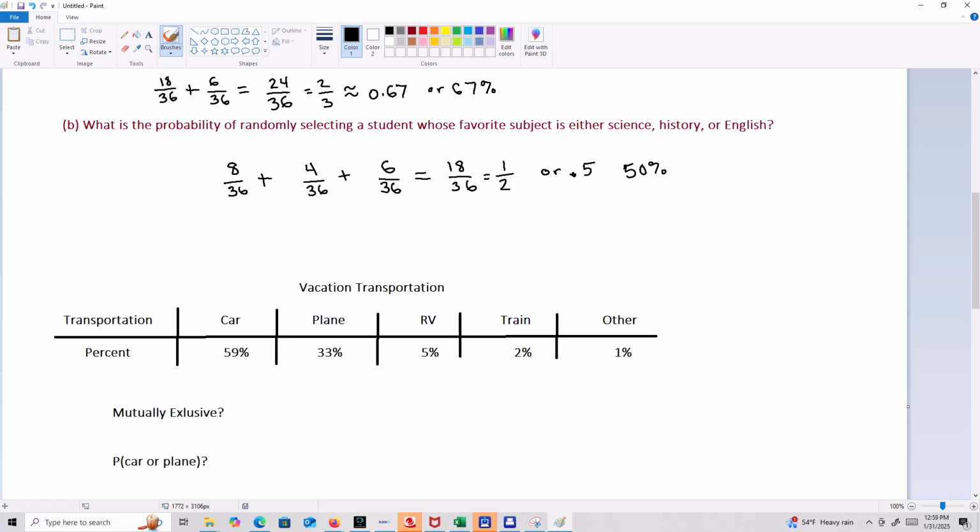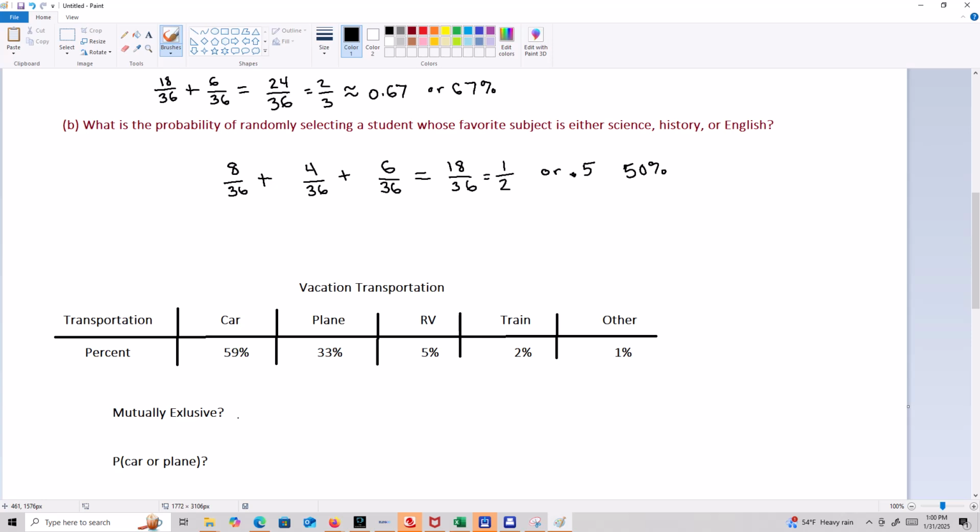So you can still compound the probabilities as long as the events are mutually exclusive. We are told that for vacation transportation, people used car or plane or RV or train or some other mode of transportation, but they are mutually exclusive. The person who used the car only used the car to get to their destination.